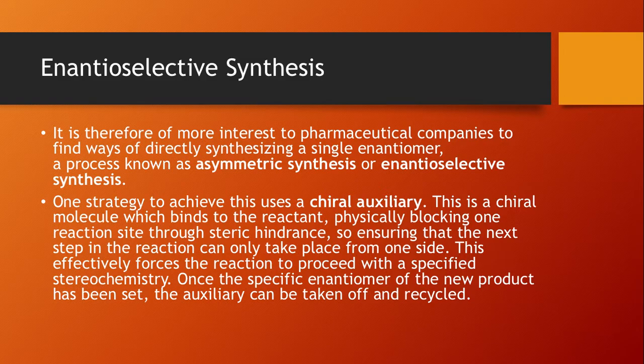Well, if you can block one of the two reactions or outcomes, then you will only get the one that is desired in a specific step. So we do this through the use of a chiral auxiliary. It is put on at one step during the reaction, then it can be removed later on and reused.